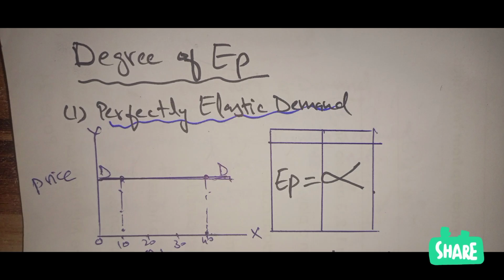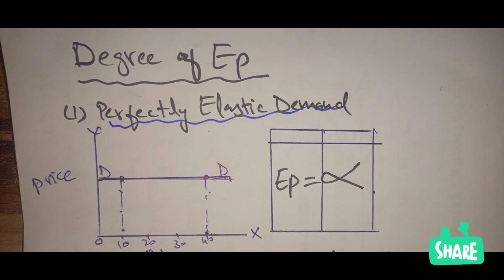Now first we study perfectly elastic demand. So here you can see on the graph the demand is perfectly elastic, with no change or very small change bringing a very huge change in the demand.